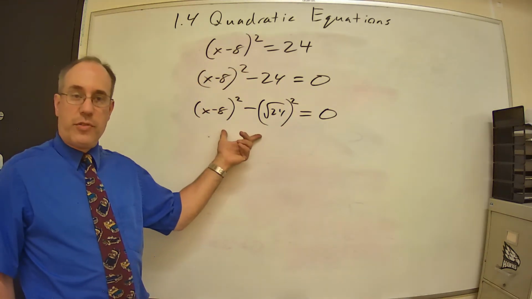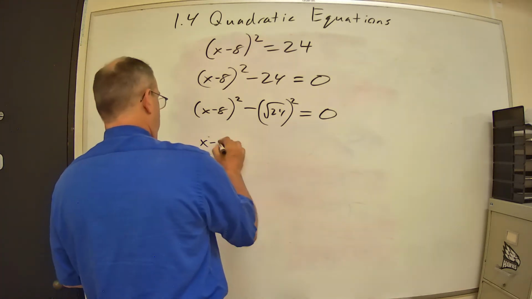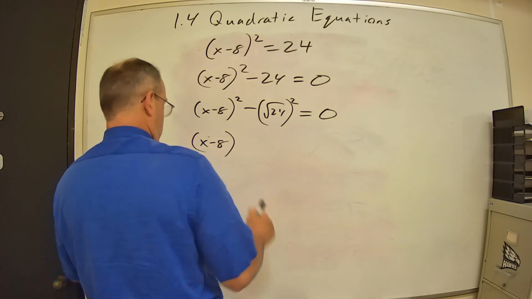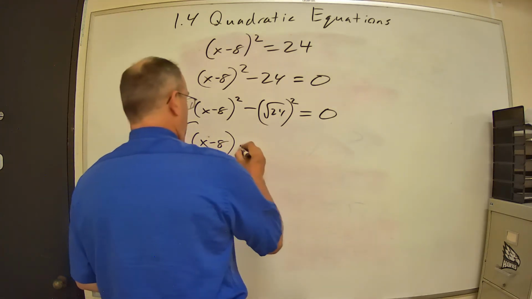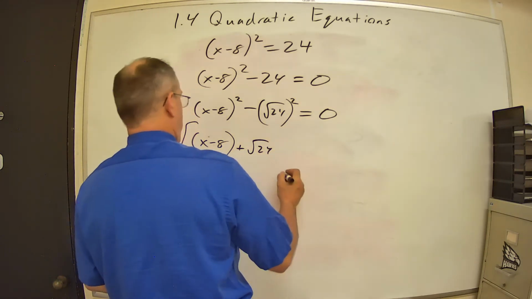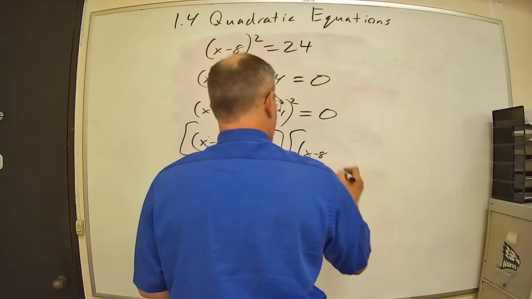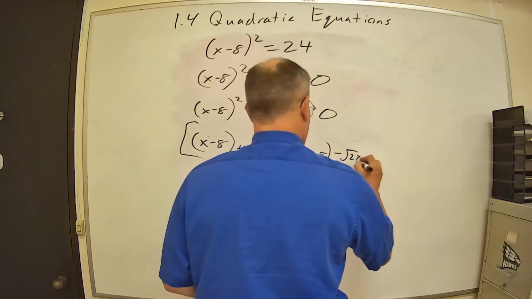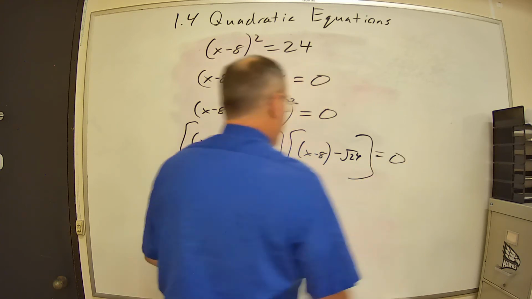Well, if we have a difference of squares, that's the product of a sum and difference. So I can say that's x minus 8 plus the square root of 24, times x minus 8 minus the square root of 24, is equal to 0.